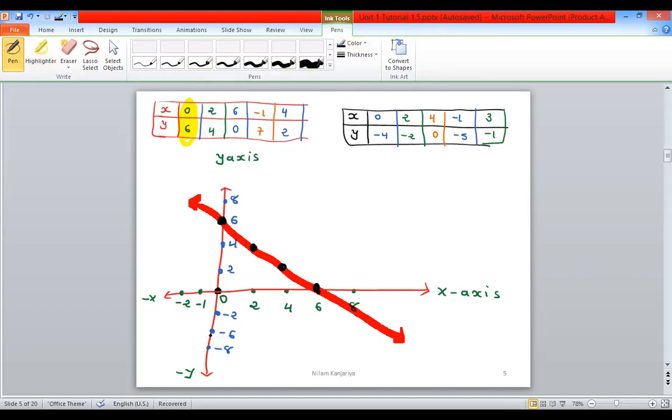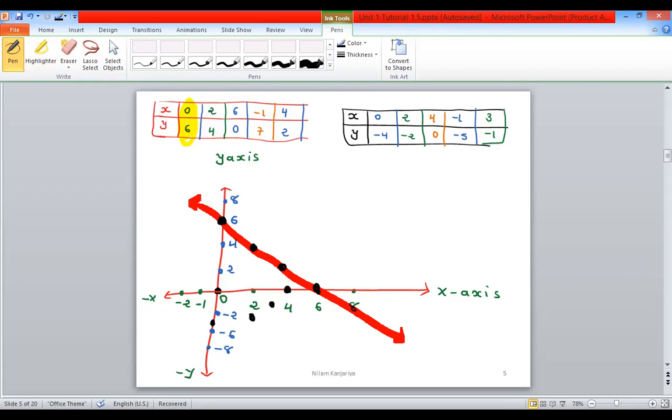Second points: 0, minus 4 here, 2, minus 2, 3, minus 1, 4, 0, and so on.